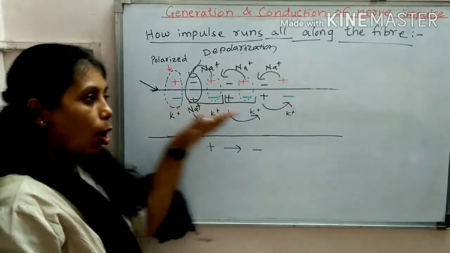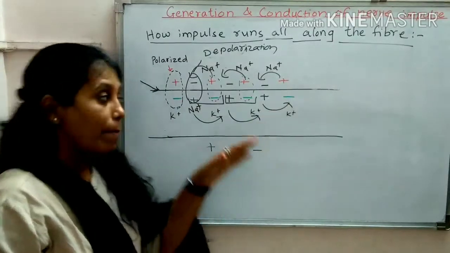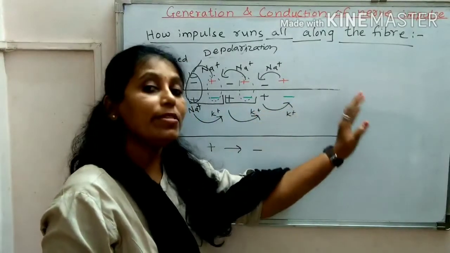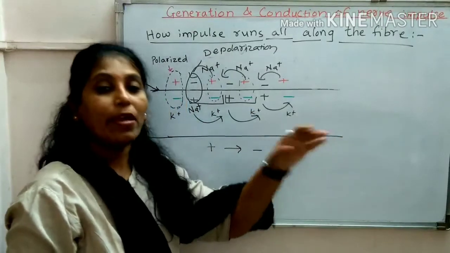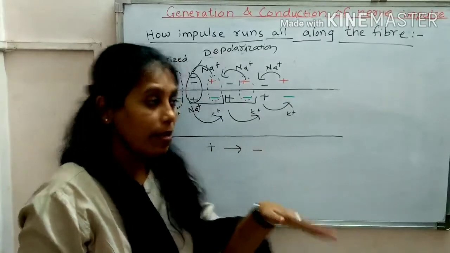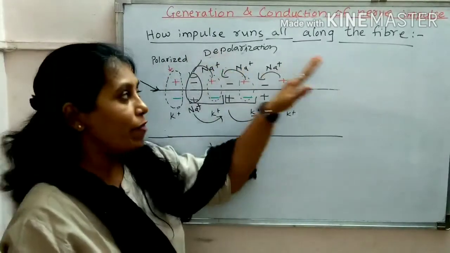It means along the fiber the current is bidirectional, but when it comes to the axonal end, in the synapse, at that time it becomes unidirectional in case of a chemical synapse. This is all about how the impulse runs along the fiber.